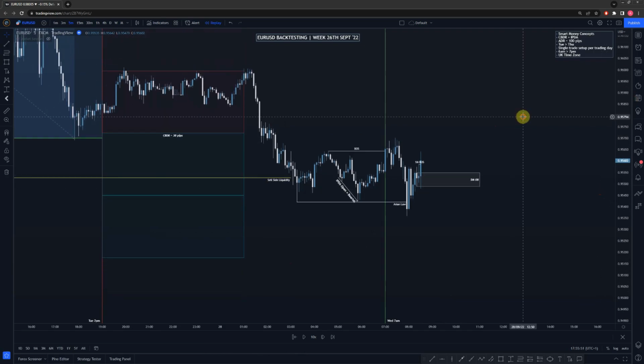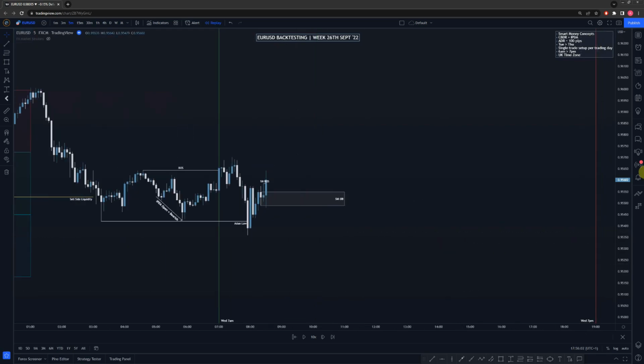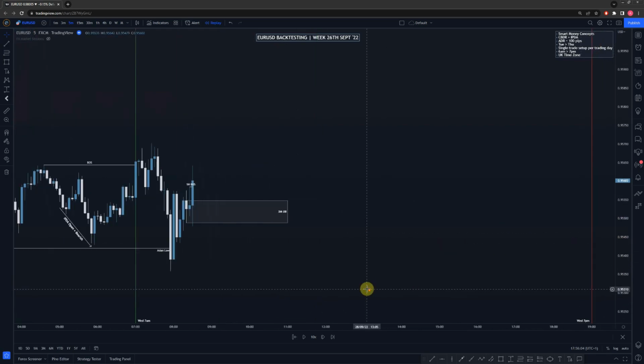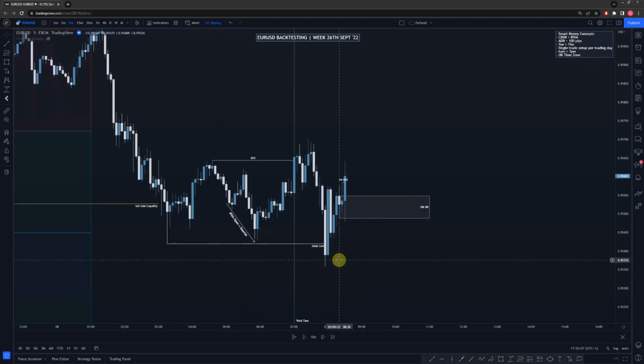And let's go back to our standard deviation. So it looks like we have traded below the 1 standard deviation, but we have taken out our Asian lows in this case, and that's what we're working with at the moment. I don't see price going any lower than this because it's taken out the sell side liquidity.